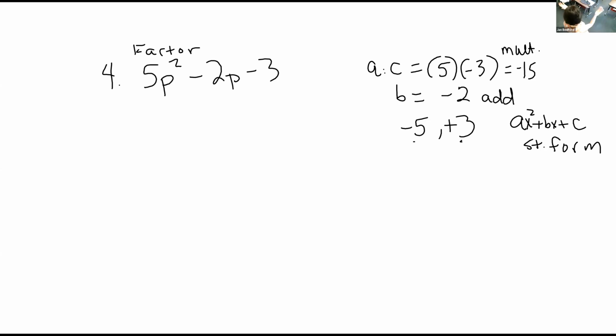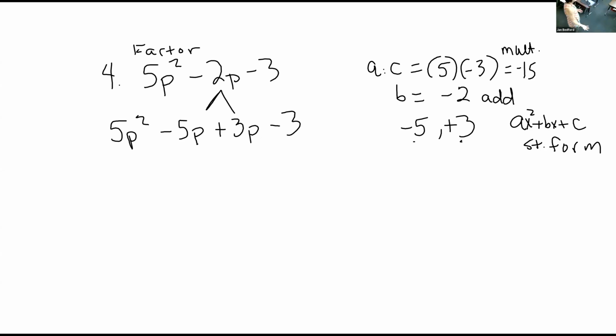This is not going into the parentheses, and you'll see this here in a second. So I copy down the first term, but then I'm going to put a -5p plus 3p in place of the -2p. Now, the reason I'm doing that is because, first of all, does -5p plus 3p mean the same thing as -2p?